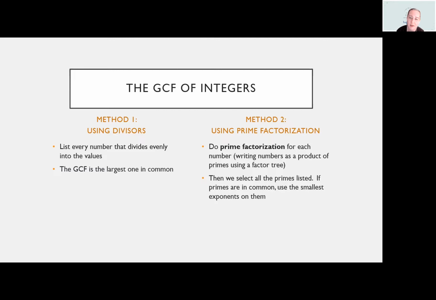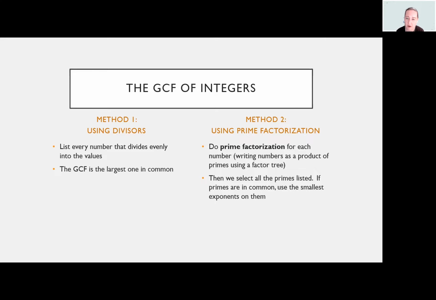The second method is to use prime factorization. That you have seen, because we use that to reduce fractions. And it's also a method that you can use to find a common denominator when we're trying to get common denominators out of fractions. So when you're trying to find the greatest common factor using the prime factorization method, you basically do the prime factorization for each number that you have.